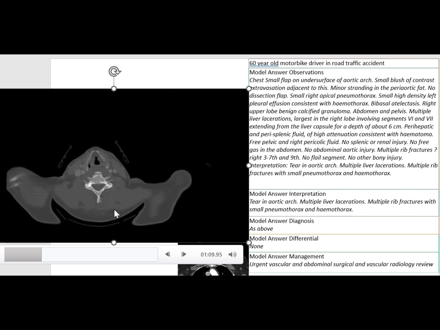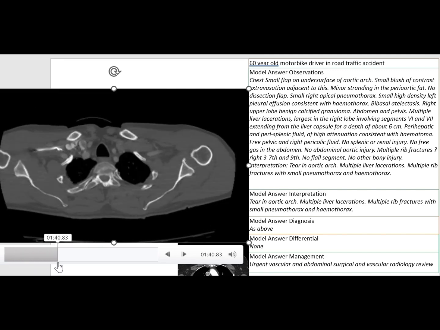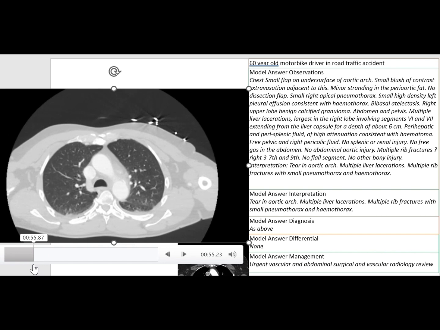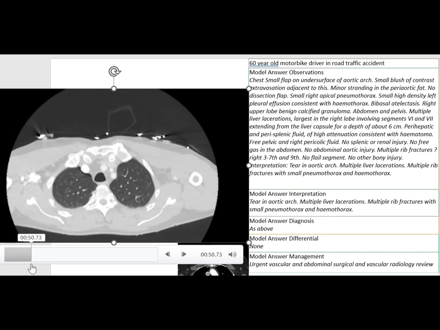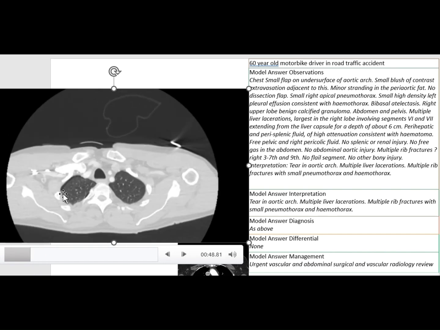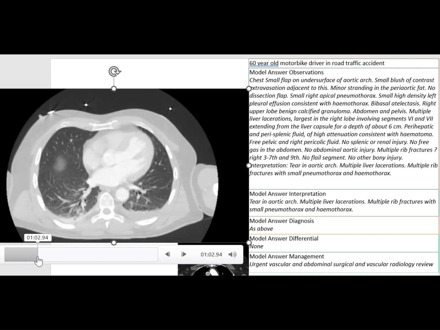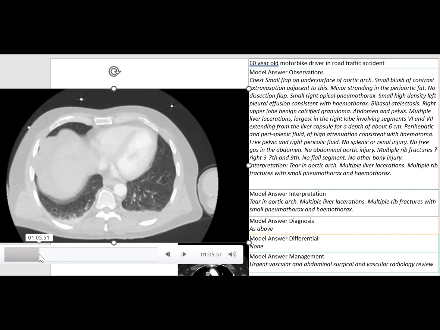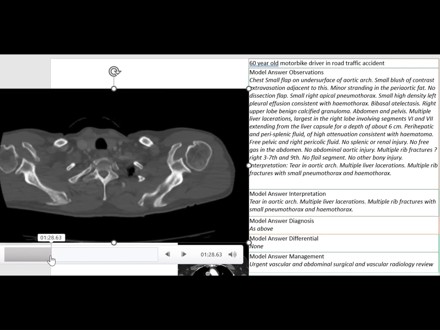This patient has pneumothorax and haemothorax. As you know, pneumothorax and haemothorax.